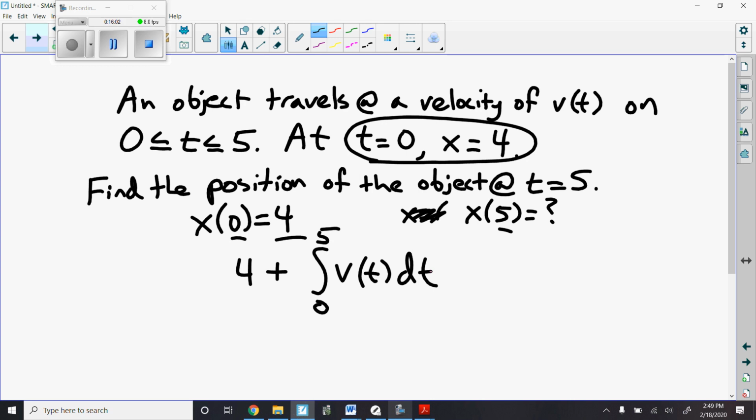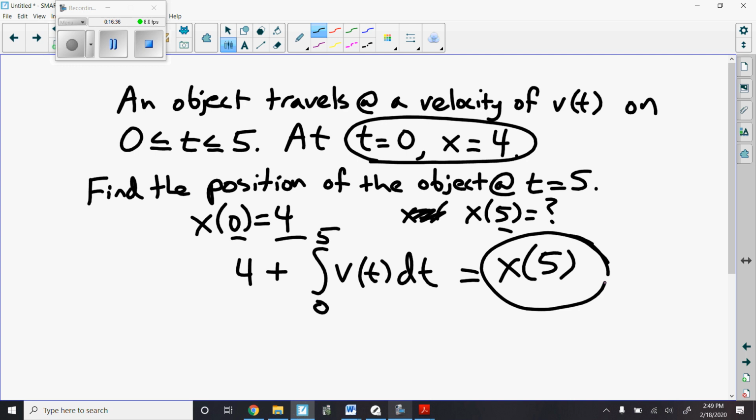Setting up this equation will give me my answer of my position at time 5. And again, it's just like initial condition plus. Okay, so what this means is I'm starting at a position of 4, right? That's the 4. I add in my displacement from 0 to 5, and that will give me my final position at x equals 5.